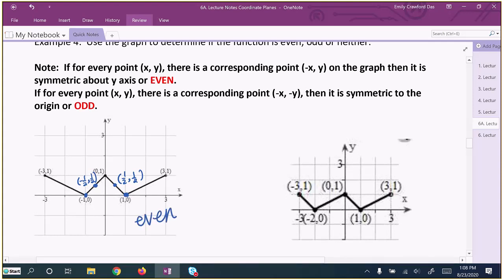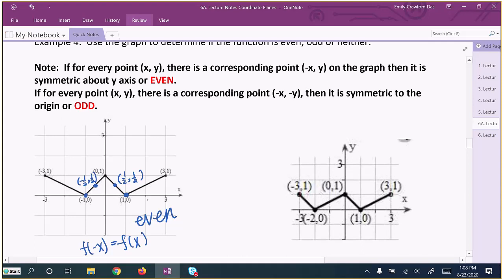Now, how does that relate to the idea of f of negative x equal to f of x? Well, it directly relates because it says that the y-coordinate associated with the value x is exactly the same as the y-coordinate associated with the negative version of it. And that's exactly what it means to be symmetric around the y-axis.